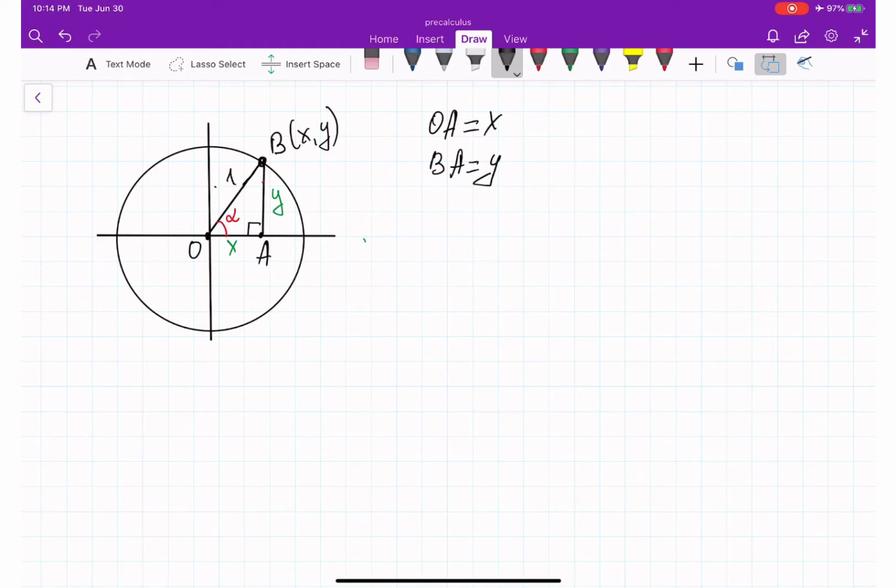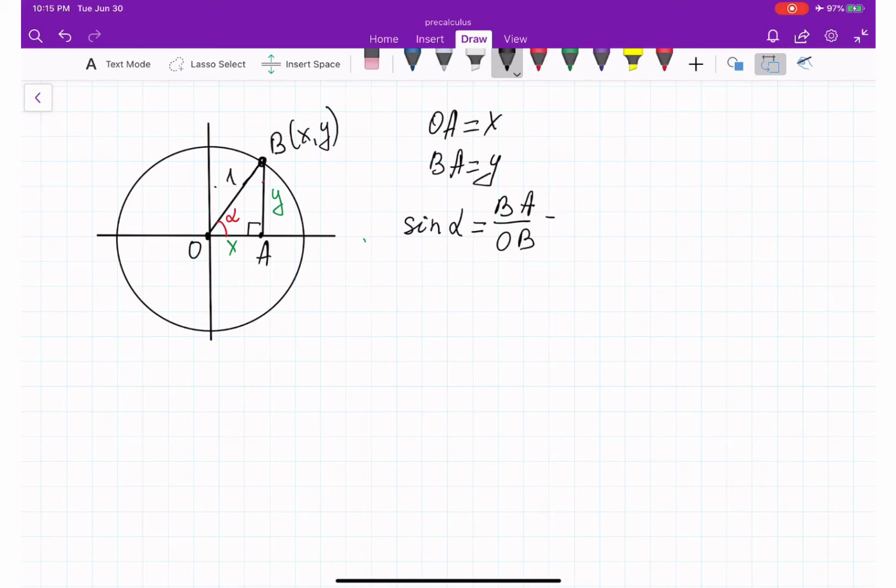All right, sine alpha, this is a definition from the triangle with the right angle. Sine alpha is equal opposite side BA over hypotenuse OB.